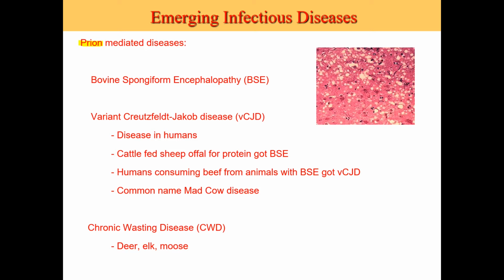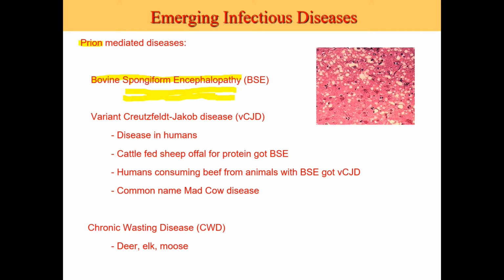One of the diseases that is a prion-mediated disease is called bovine spongiform encephalopathy. All of these related prion-mediated diseases, in fact, are spongiform encephalopathies. What that term means is it is a diseased brain tissue, and it has a sponge-like appearance.